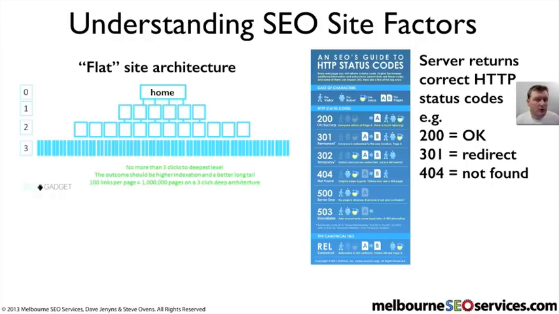That's the one you want to use because that one passes the SEO juice, if you like. The value of the old page passes to the new page. There's another type of redirect you can use, which is a temporary redirect, and you're currently using one of those on your site, and that's only temporary, so it doesn't pass any SEO value to the other page.